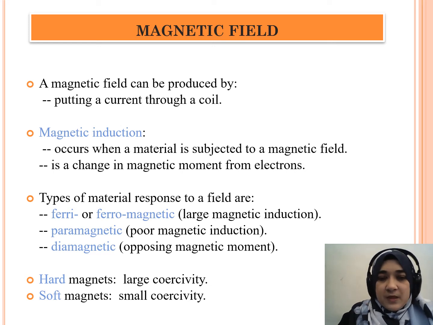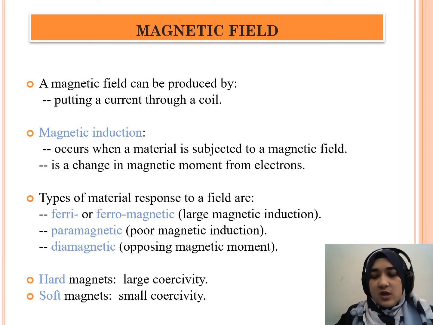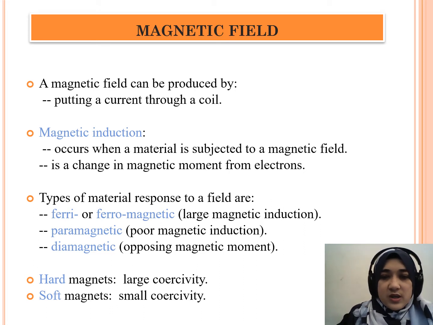Responding to a field, ferro or ferromagnetic has large, strong magnetic induction. Paramagnetic has poor magnetic induction, while diamagnetic opposes the magnetic moment. For magnets, we have two types. A hard magnet has a large coercivity, and a soft magnet has a small coercivity. So what is coercivity?